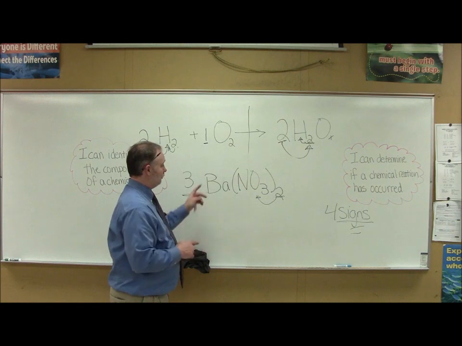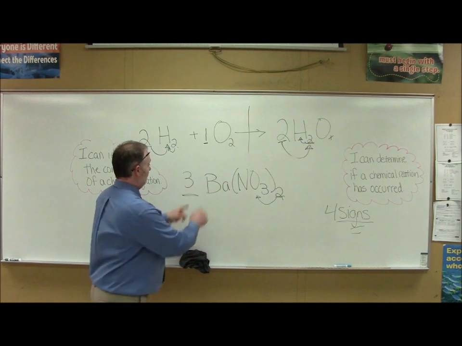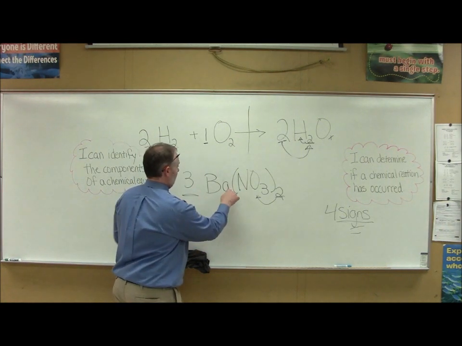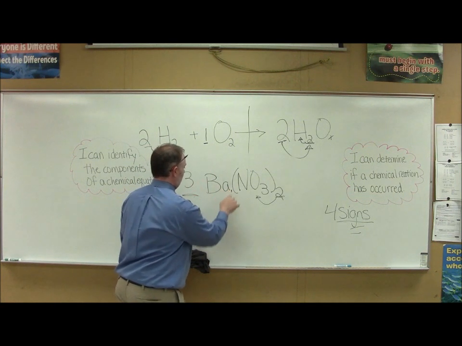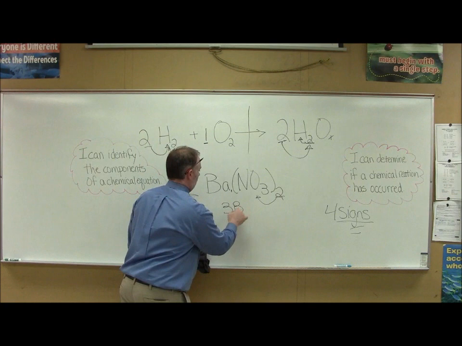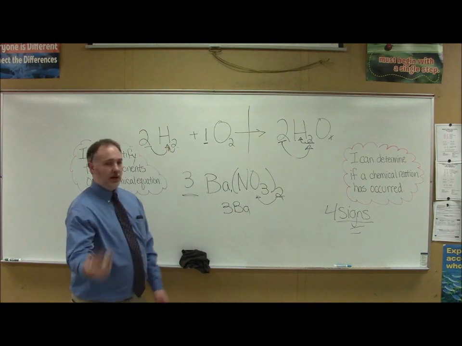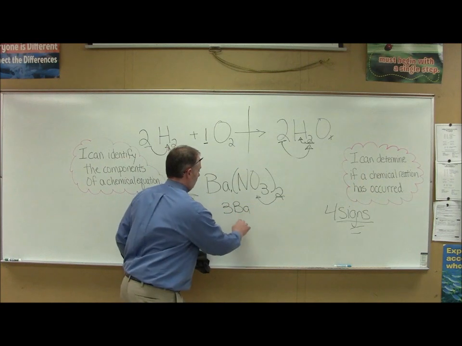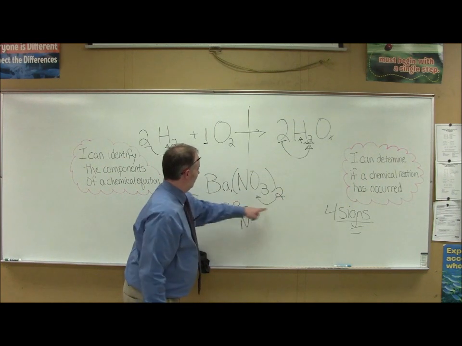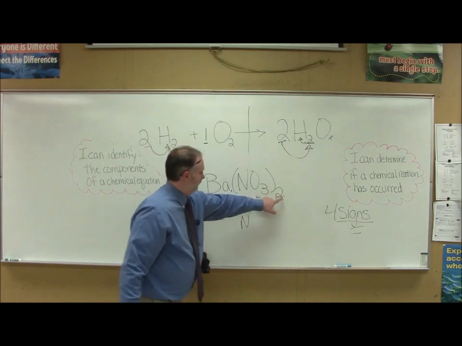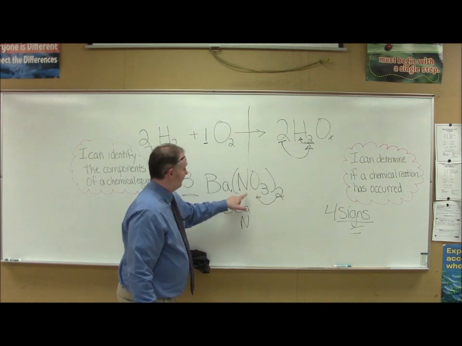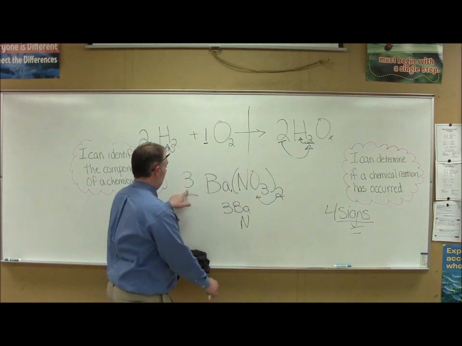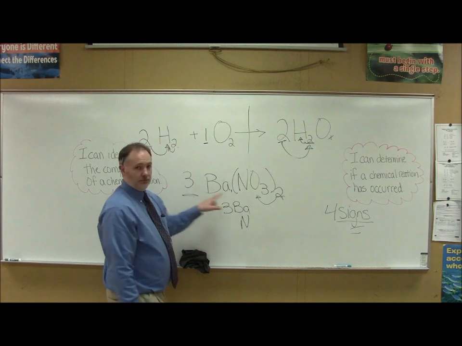Let's just do this really quickly. All right? Barium, I got nothing here, so it's assumed to be a 1. 3 times 1, a total of 3 bariums. For nitrogens, I got 2 of them because of this subscript outside the parenthesis here, times the 3 here in front.